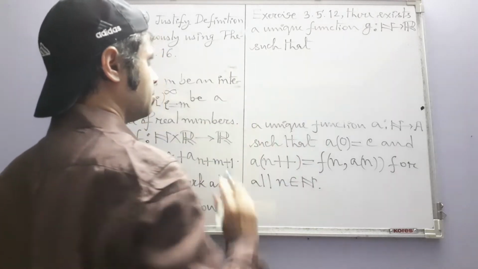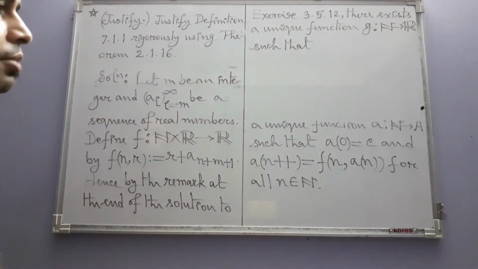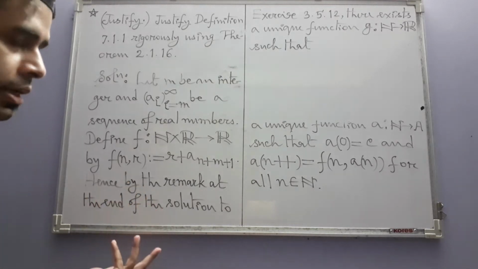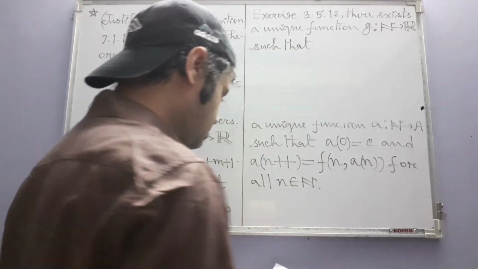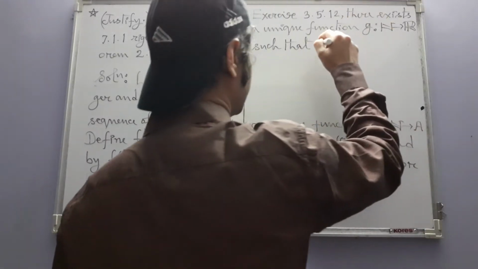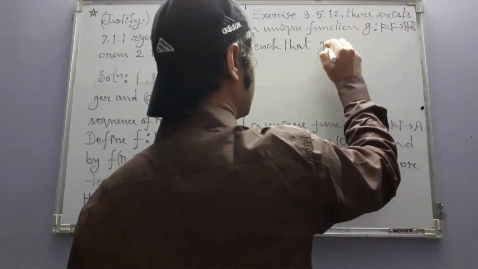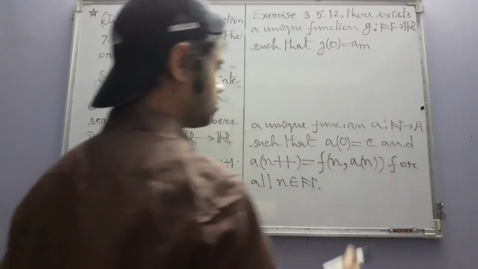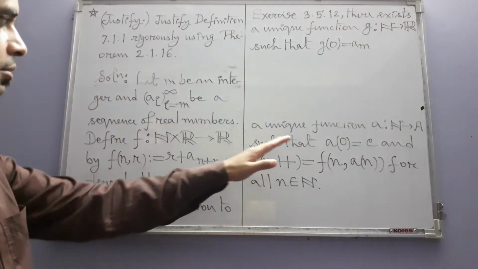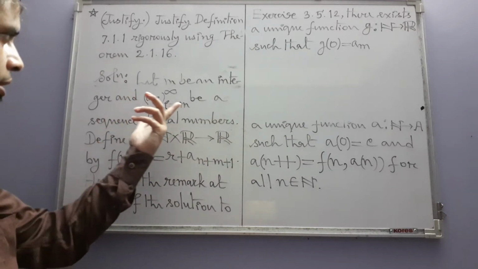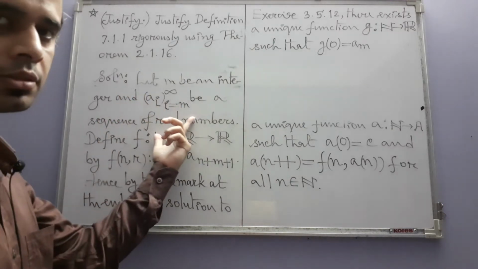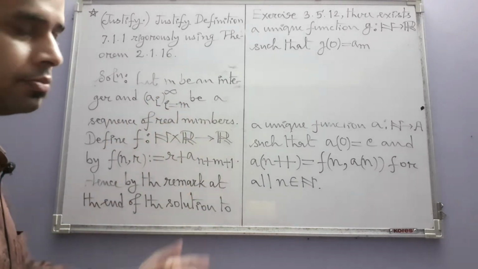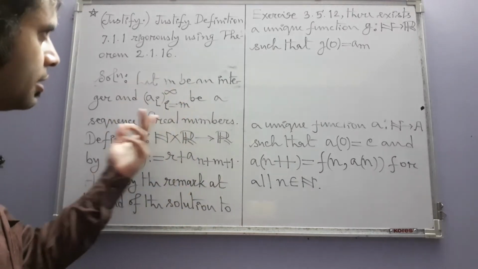G of 0 will be our chosen element from A, that means in our case from R, but we haven't chosen anything. Now we will choose such that G of 0 is this a_m. So the C that you see here, we can of course choose that C to be the first term of this sequence a_m, and it's a real number because this is a sequence of real numbers.